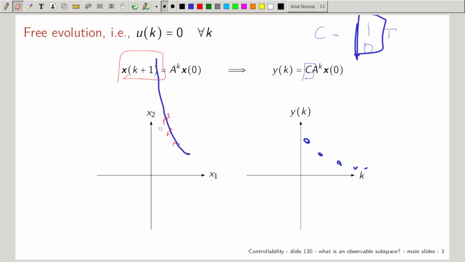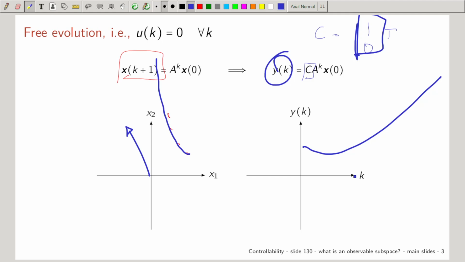If I was choosing something like this as C, what would I see? I would see only x2. True? Whenever though I take a C that looks like this one, I see a combination of both. True? Or better, watch out. The Y is still going to be a scalar. But this scalar is going to be the combination of two objects.